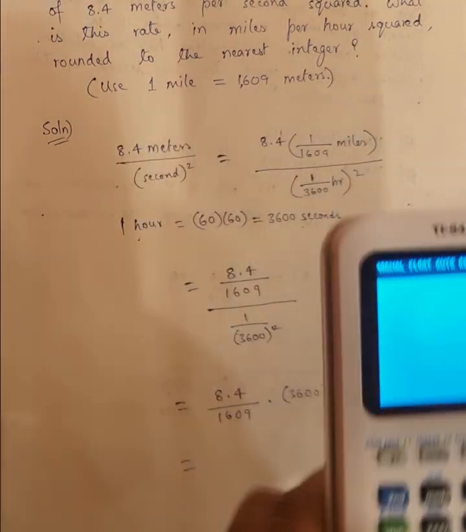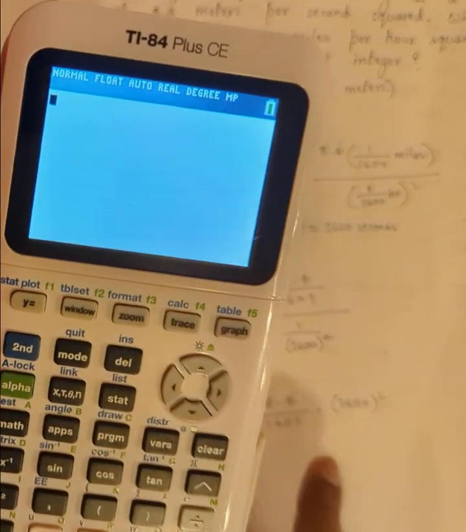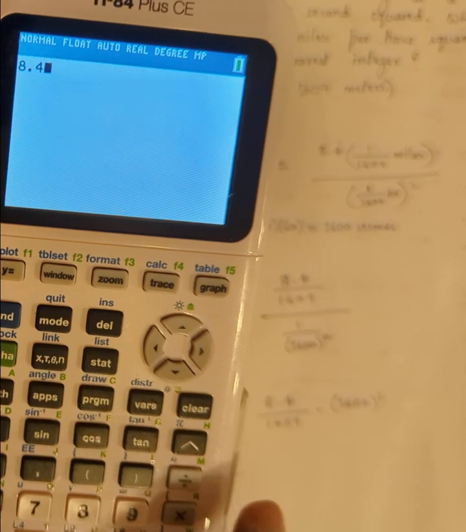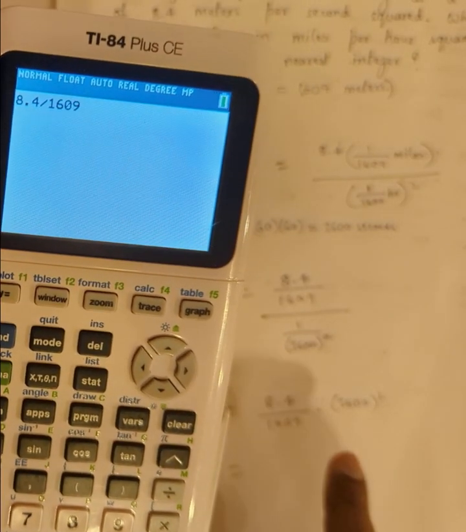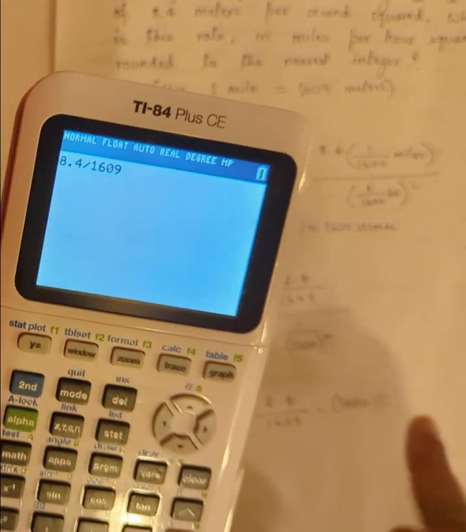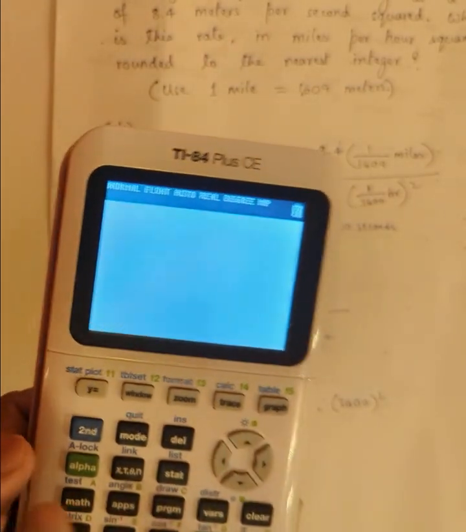And here I have a calculator. So what I need to do is plug 8.4 divided by 1609. And then I have to multiply this by, now if you are worried that the 1609 might be multiplied, then in this calculator you have a feature.